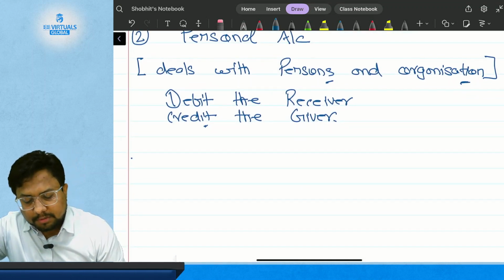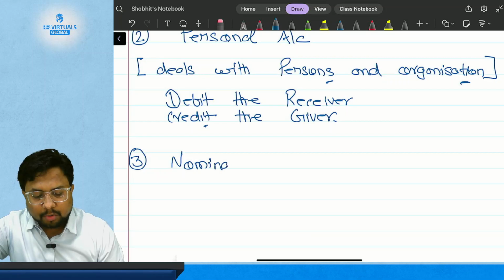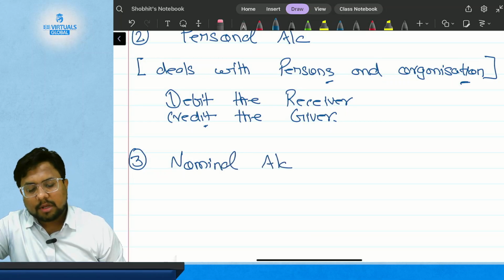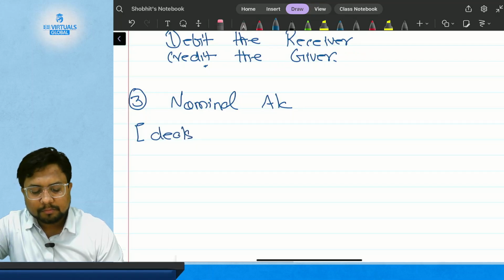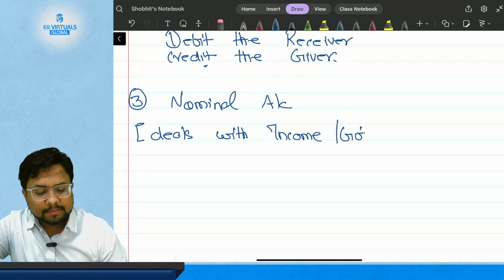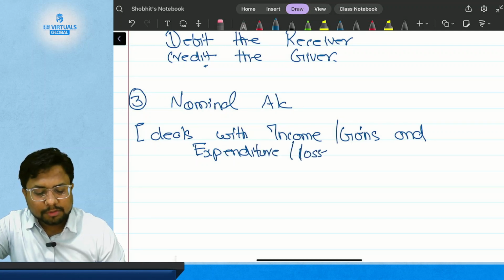Now comes the third rule, that is the nominal account, and it deals with income and gains, expenditure and losses.